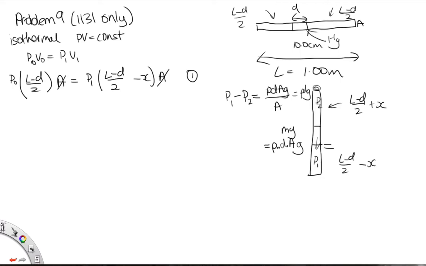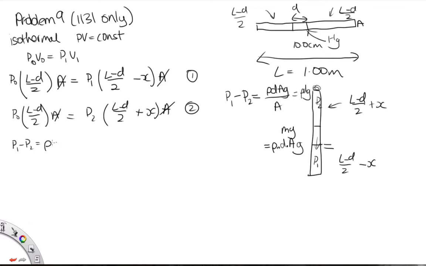For this second half here, we've got P0 (L - D)/2 A, the same. This is at the same pressure and volume as this one, and is equal to P2 ((L - D)/2 + X) A, and once again our A's will cancel out. Now we've said that the difference between P1 and P2 is given by rho d g. So P1 minus P2 is equal to rho d g, and we can rearrange equation 1 to get P1.